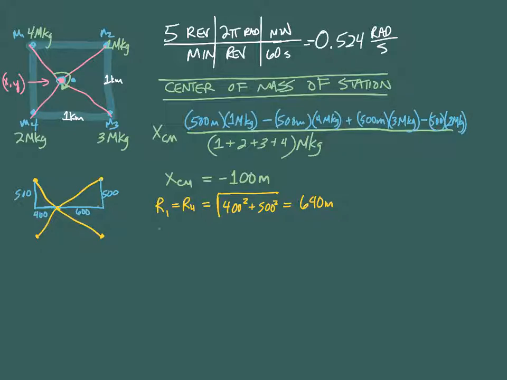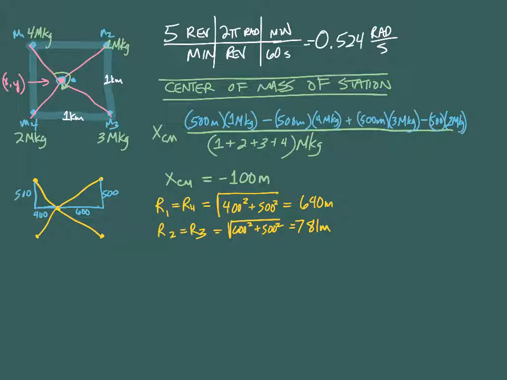And radius 2 will equal radius 3 on the right-hand side, and that's going to be 600 squared plus 500 squared, and that's going to be 781 meters.